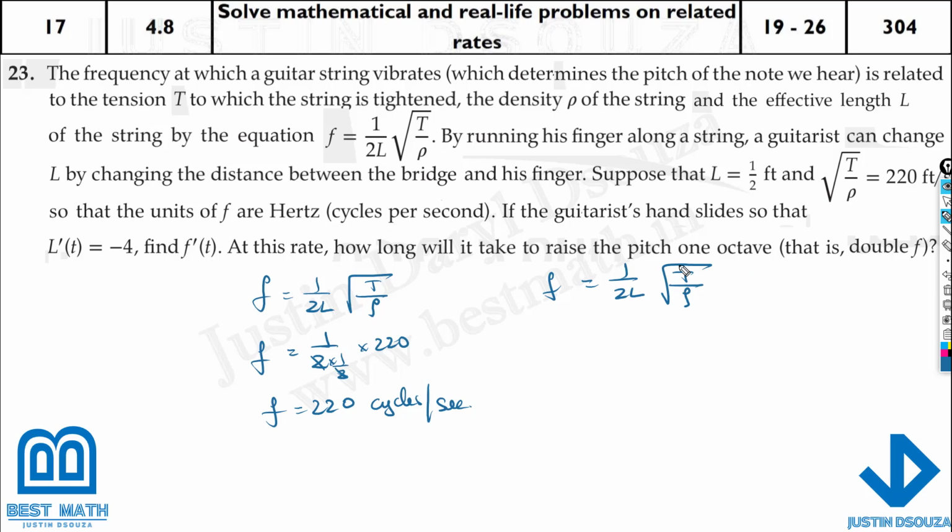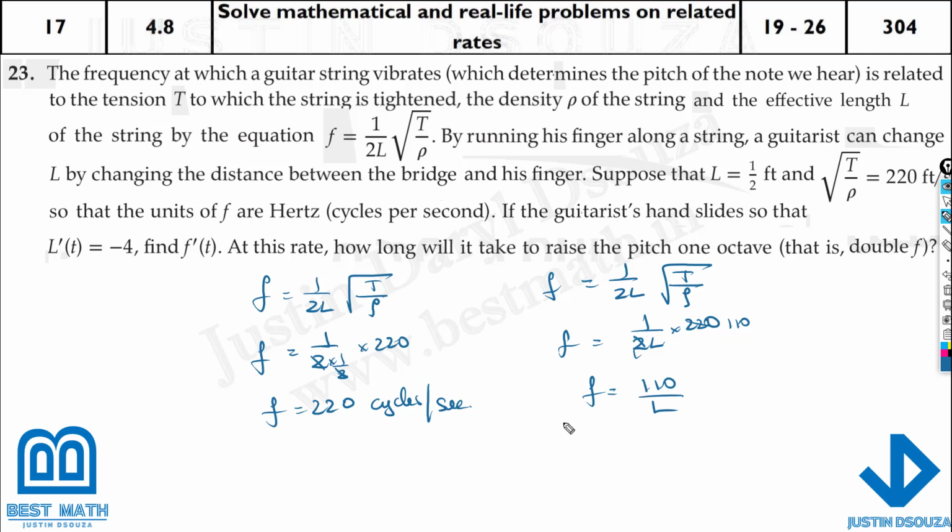So I'm not going to substitute L because I need to find L dash, isn't it? I do not know these values over here. So 1 by 2L times 220, and this cancels off, one half of 220 is 110. So f is equal to 110 by L.